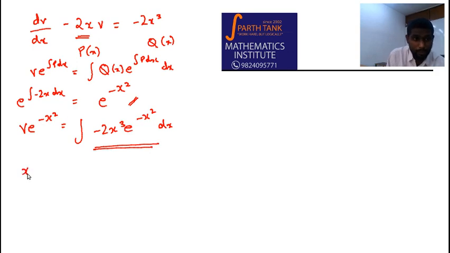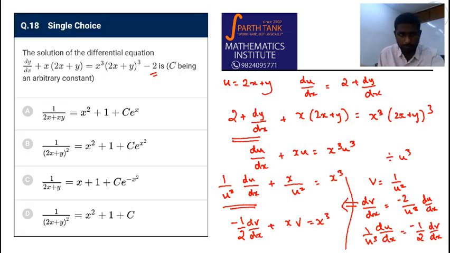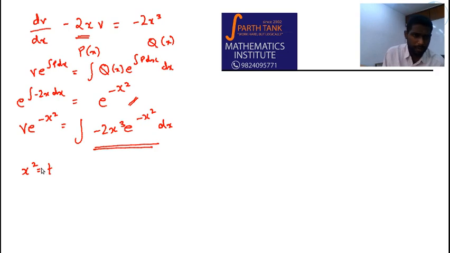Take x squared as t, okay, or you can even take minus x squared as t and see if that gets rid of this negative sign for us. Let us try that. I am taking minus x as c, or let it be like this: x squared is equal to t. So 2x dx can be written as dt.